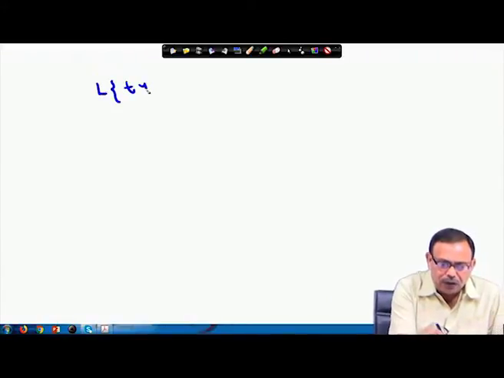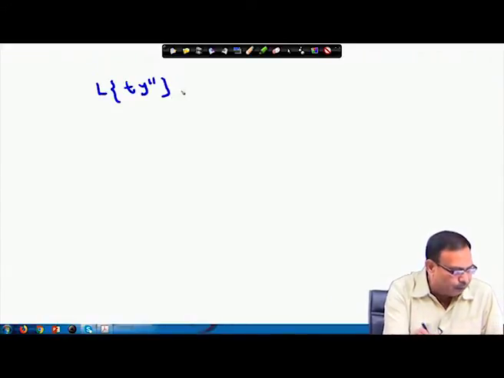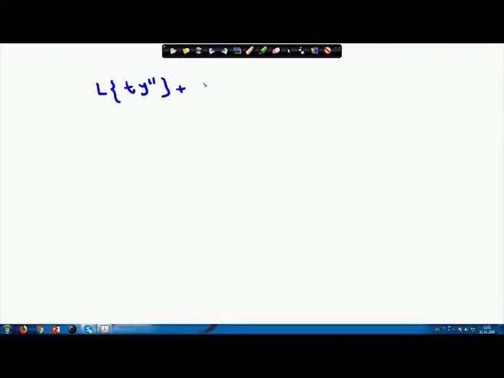So, for this one, initially I am taking Laplace transform of t y double dash plus 1 minus 2 t into y dash minus 2 y. So, it will be Laplace transform of t y double dash plus Laplace transform of y dash minus 2 into Laplace transform of t y dash minus 2 into Laplace transform of y, this is equals 0.